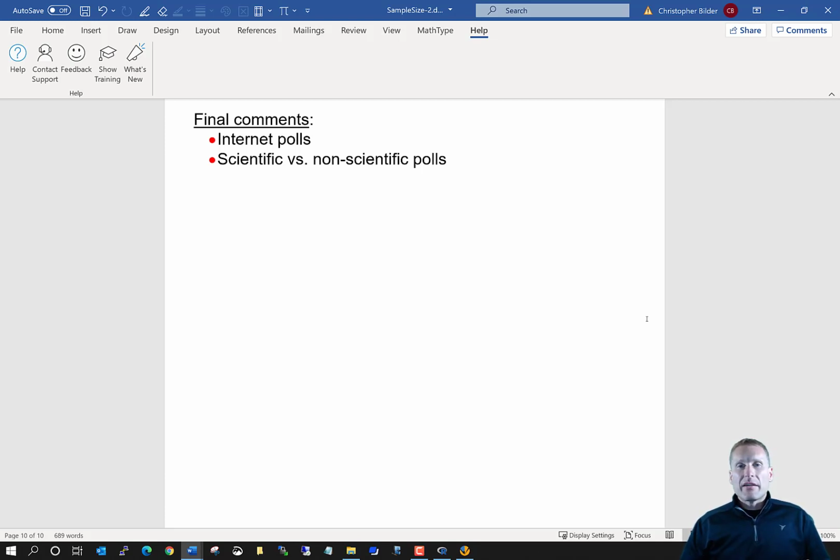And so non-scientific polls are completely worthless. Please ignore those. Okay, so that concludes this section on how to choose an appropriate sample size. There's a lot of things in our everyday life, like the political polling that we see in the media, that correspond to what we're doing here. And I hope you found this section to be interesting because of that.